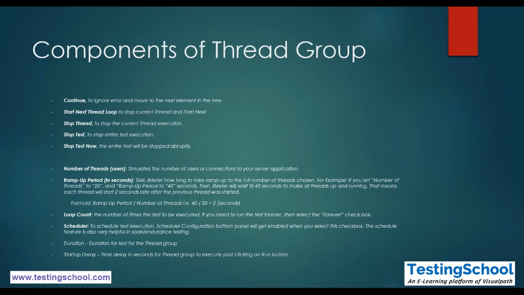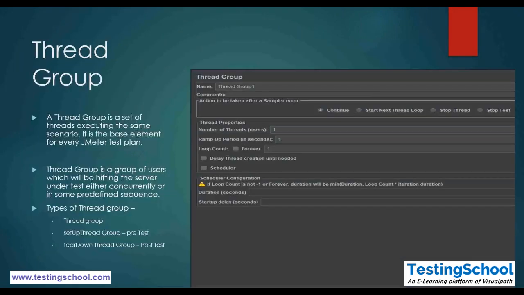If you want to run the test not on an iteration basis but on a time basis, if you want to execute a certain test for a particular duration, then as I showed in the previous slide, there is Loop Count Forever, right? If you check Forever, then it will not take the count from the loop count section.